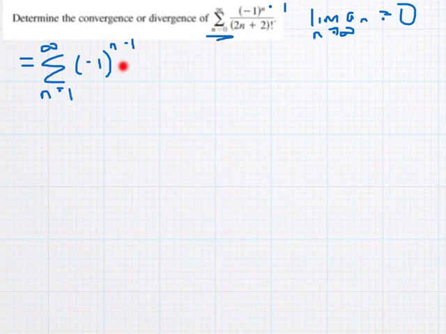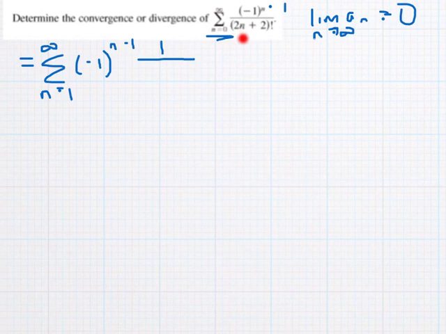So now, if I plug in a 1 here, 1 minus 1 is 0, so I'm rewriting it properly. And then we have what? 1 over, instead of 2n plus 2, if you have to add 2 to 0, is that how I want to say it? No, that's not, because of the coefficient of 2 here.